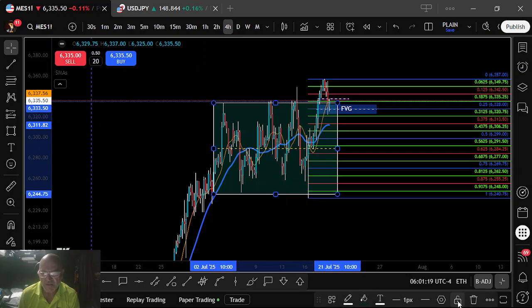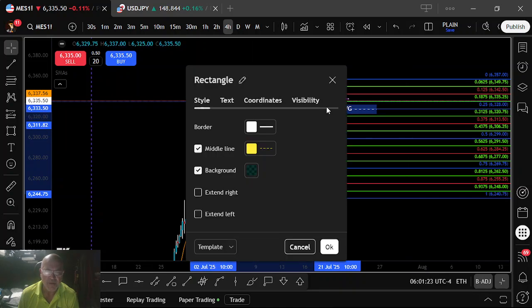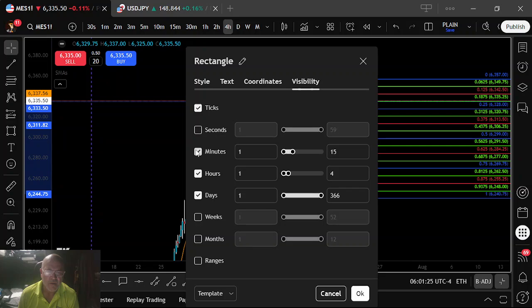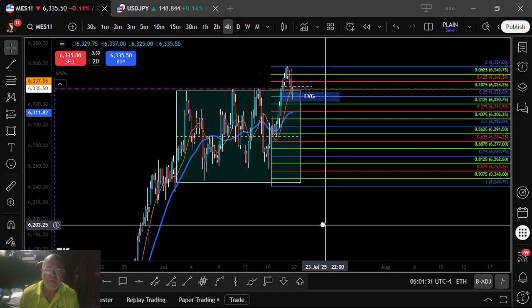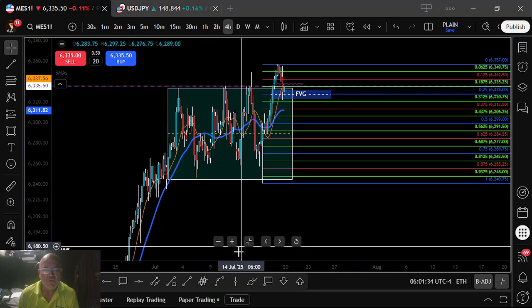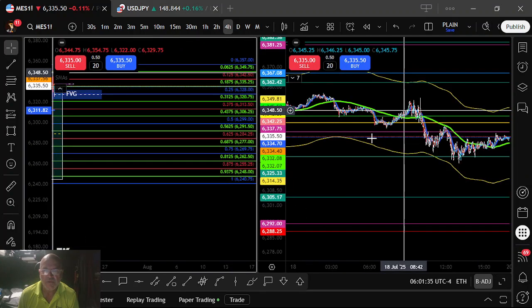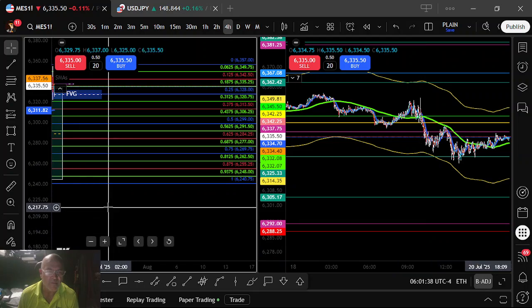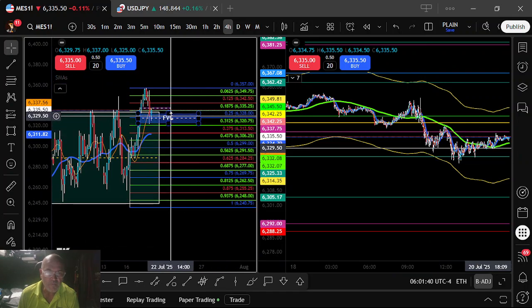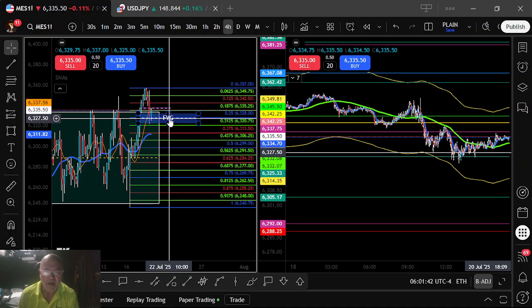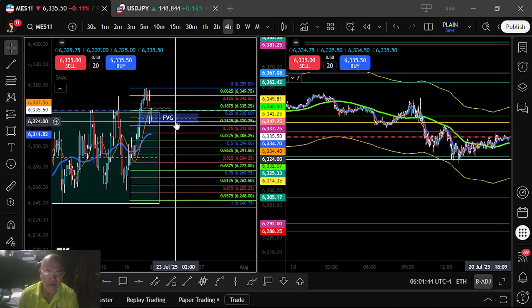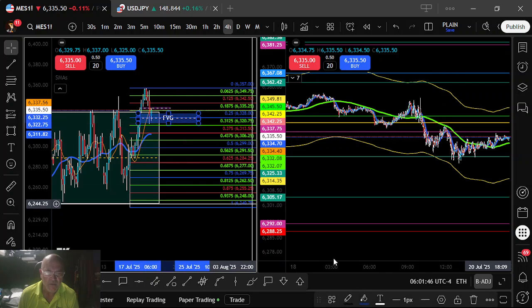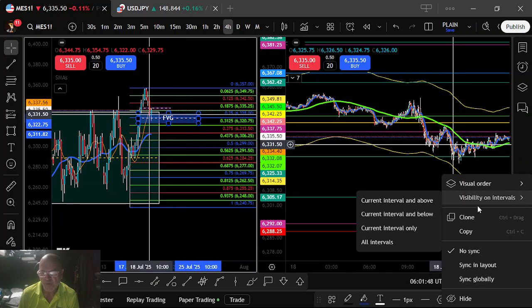Now, I don't want to see this range on my minute chart, so I'm going to take that off of the minute chart. When I go over to my minute chart, it's not going to be there, because a lot of times I will take these gaps and overlay them.